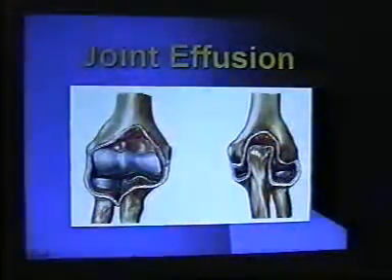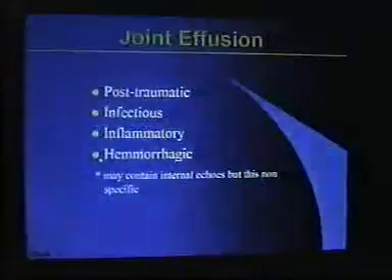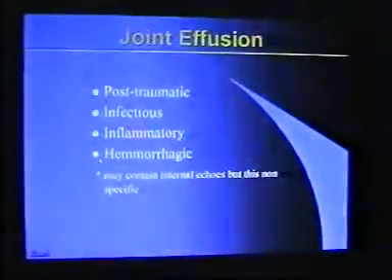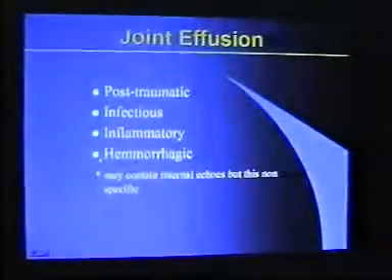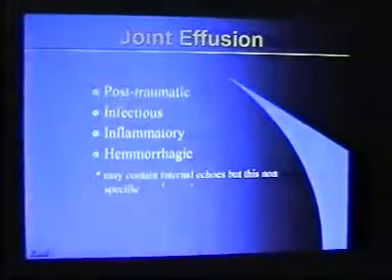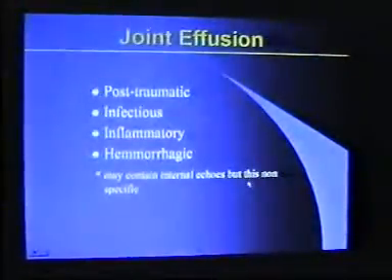We can get joint effusion in all these recesses and in the joint cavity. Joint effusion can be post-traumatic, infectious, inflammatory, or hemorrhagic, and may contain internal echoes, but this is non-specific.